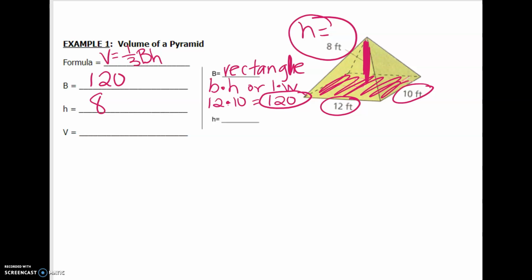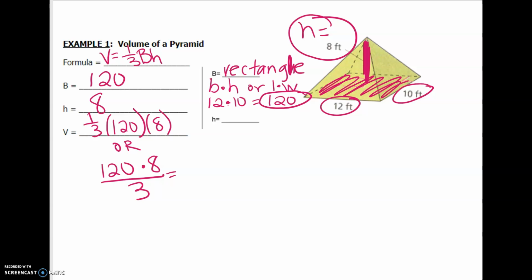Now let's just plug it in and solve for volume. So following the formula, V equals 1/3 big B times H. So if we have 1/3 big B, now we're plugging in our number, so that's 120 times height of 8. Or, I wanted you to see it both ways, you could be just multiplying 120 times 8, all divided by 3, which would give you the same answer.